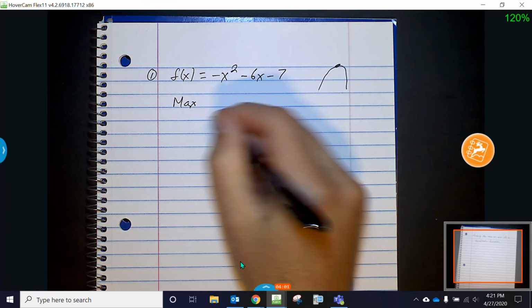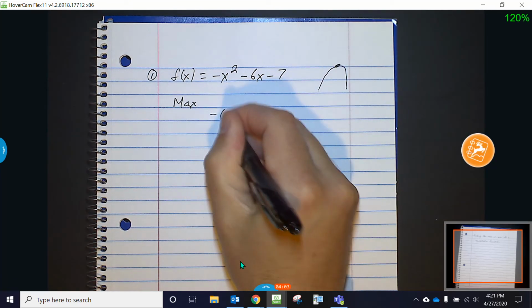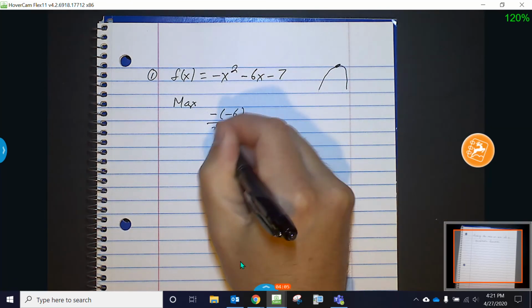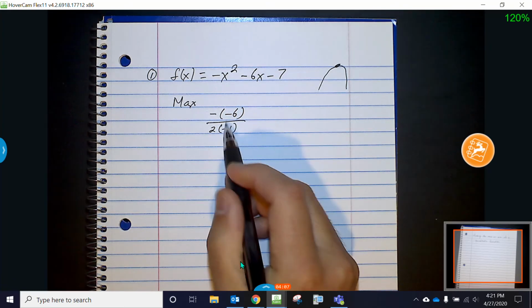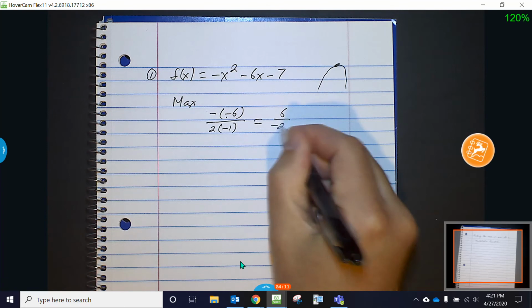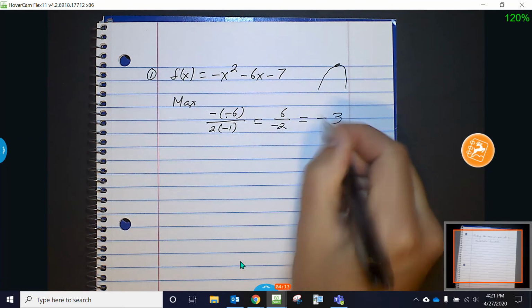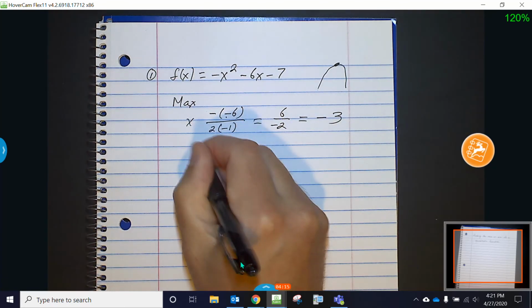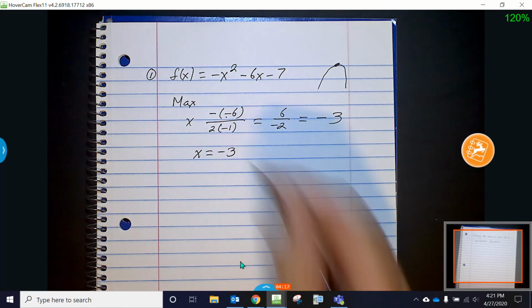And now we're going to do the negative b over 2a. You can just jump to positive 6 here if you want. So we get 6 over negative 2, which is negative 3. That's your x value. So x equals negative 3.